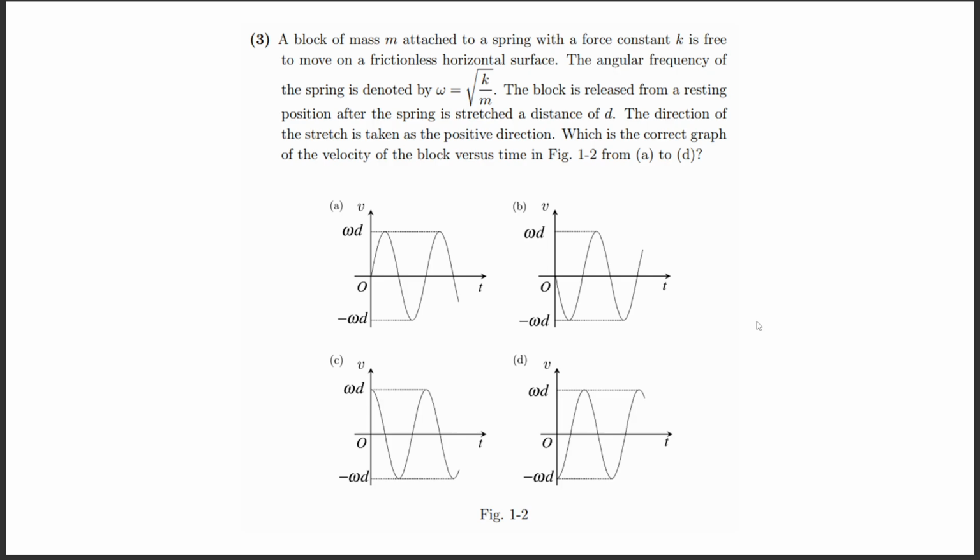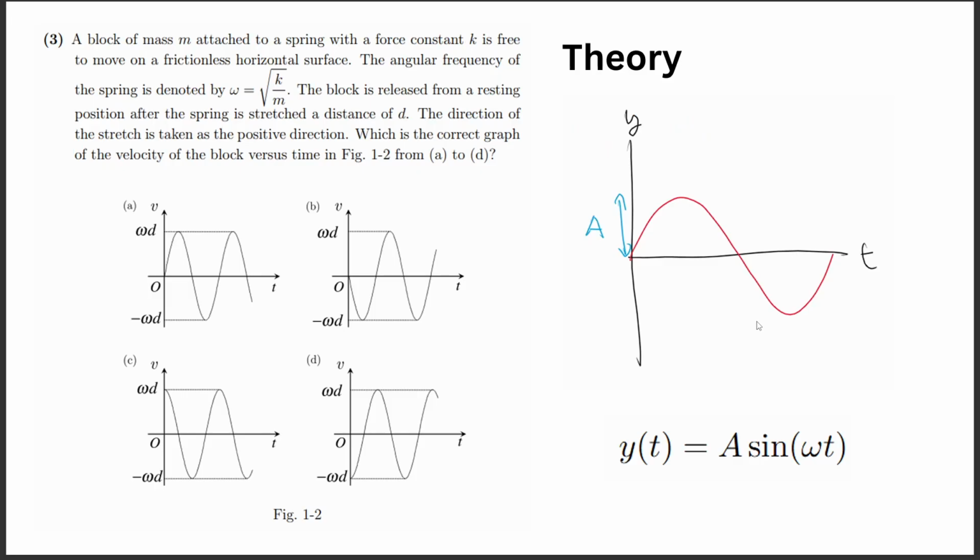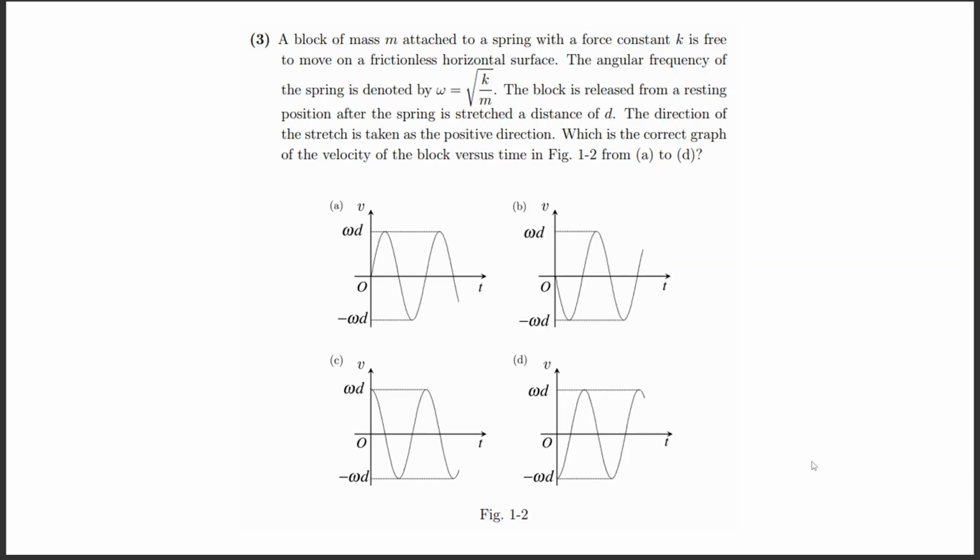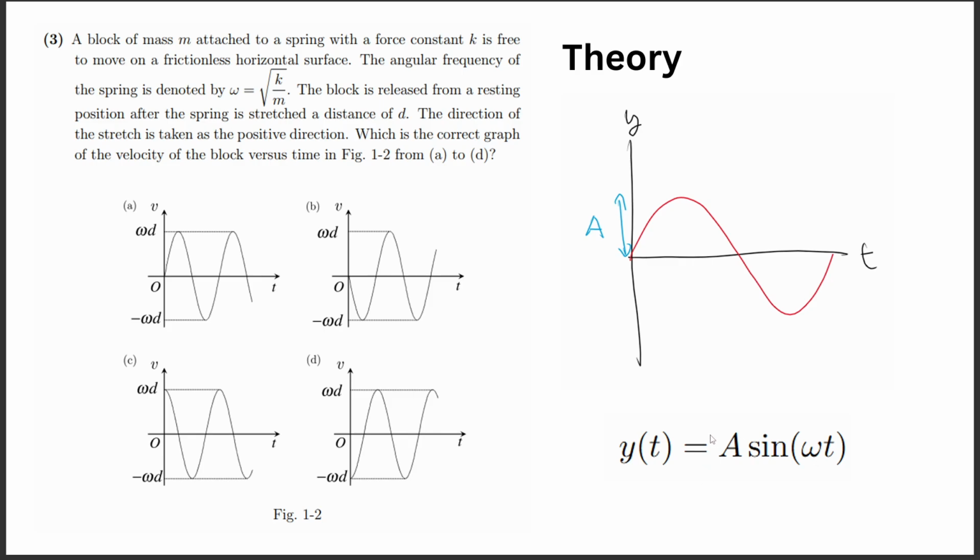So first we have to know the theory is that whenever there is a wave like this, we can express the y coordinate as A times sine of the angular frequency times t.